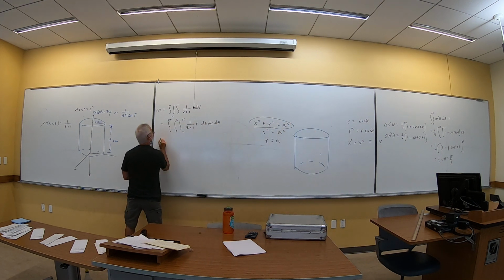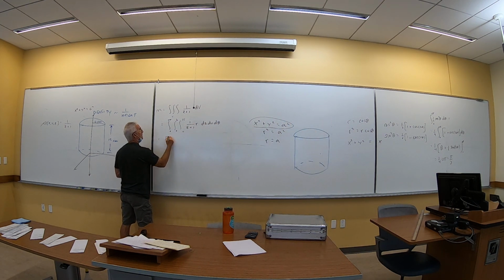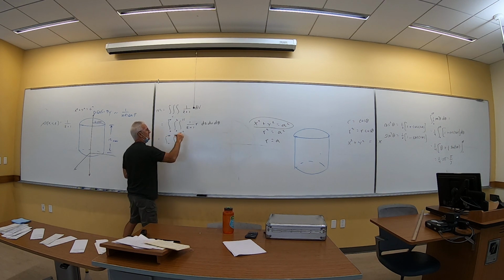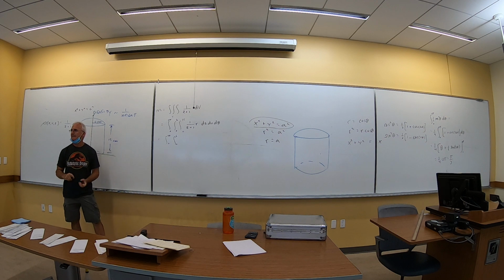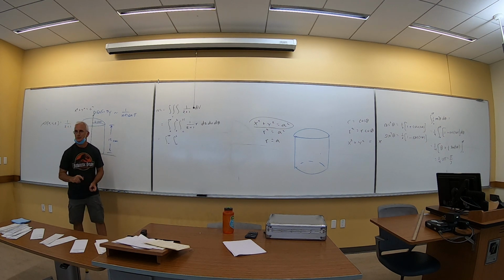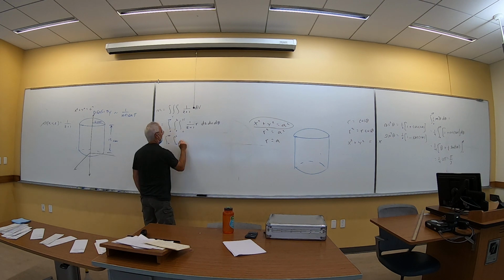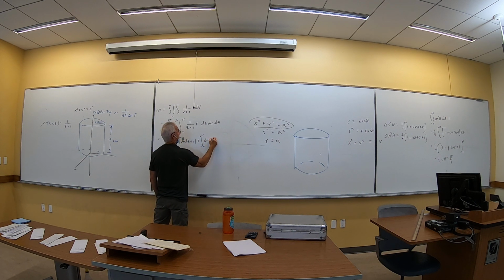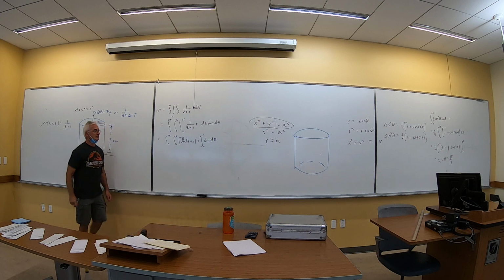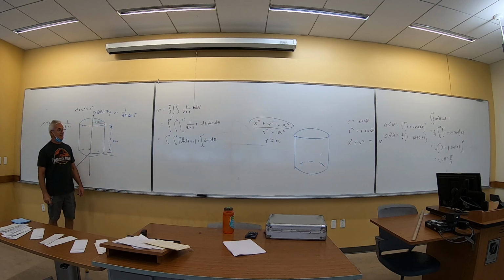All right, so let's do this. The antiderivative of that guy looks like, the z's on the bottom, natural log. So that's going to be natural log, absolute value z plus 1, times r, from 0 to 15, dr d theta. Okay?